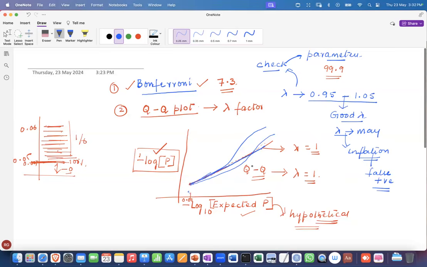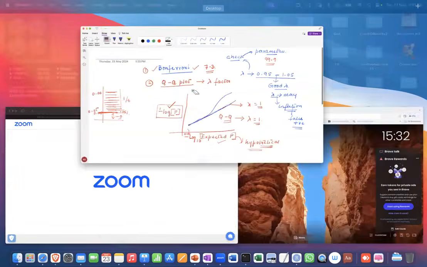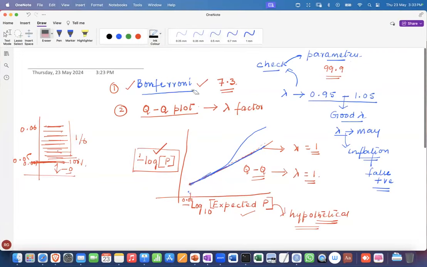Once you plot, you should ideally get a straight line. No analysis will ever be perfect, so there should be certain values that tell you whether your analysis is good enough or not. The only value that tells you is your lambda. Is that okay?